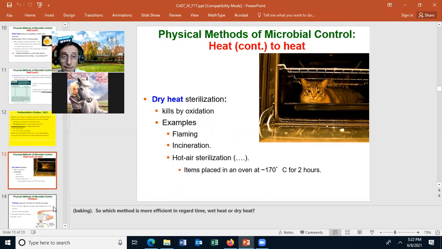That's not the case with dry heat. For example, this cat climbed into the oven. Obviously, that cat is alive. Any questions about that?